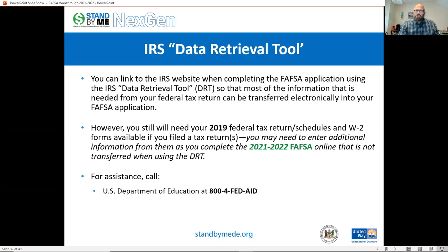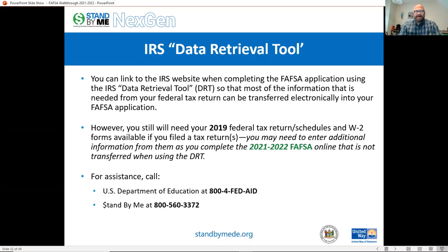So if you are doing the FAFSA and you run into issues with anything, but in this case, the data retrieval tool, you can call the Department of Education at 1-800-4-FED-AID. Again, that's 1-800-4-FED-AID. That is the hotline for the FAFSA and for student aid. You can also contact us at Stand By Me. We've got our phone number there, which is 800-560-3372.